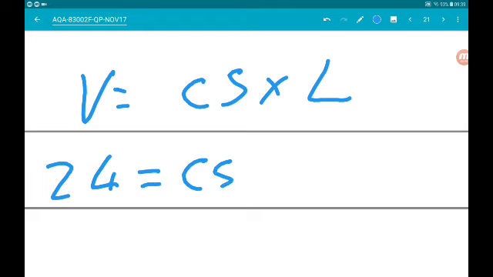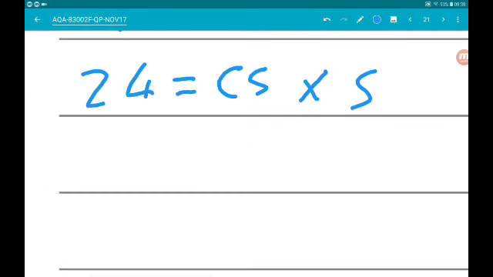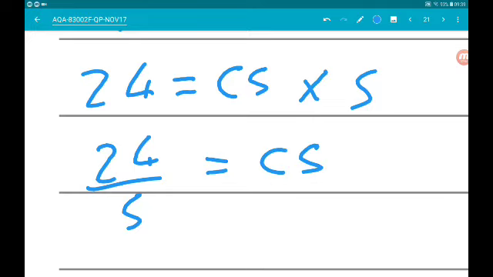But we do know the length. So we know that 24 is the cross-section times 5. Now to get rid of that times 5 and get the cross-section on its own, we divide both sides by 5. So we get 24 over 5 is equal to the cross-section.